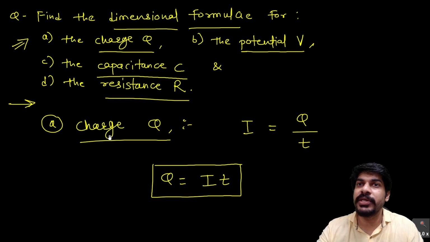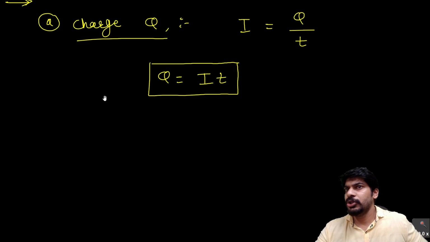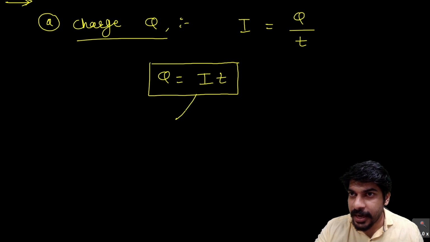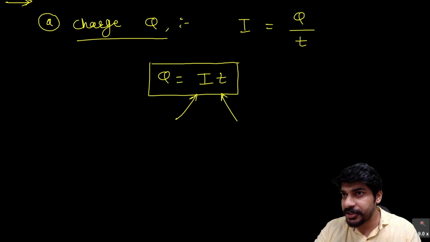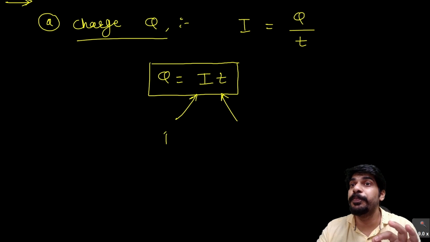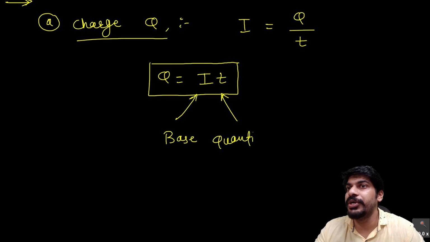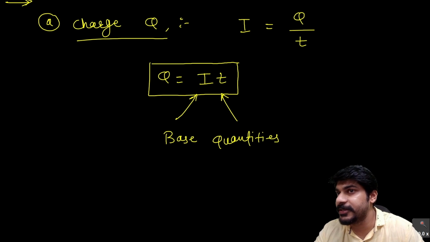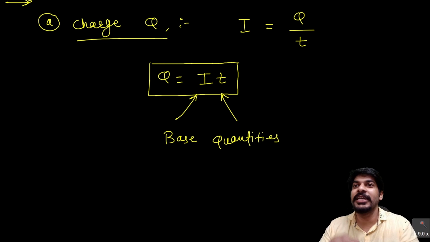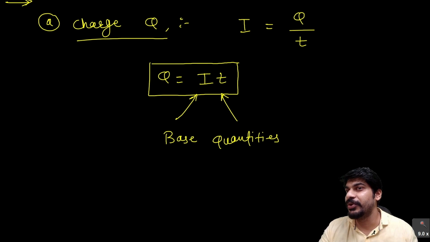Now if you know the SI quantities, you will find that I and T are both base quantities defined in the SI unit system. So our work has been simplified here. There are only two quantities and both of them are base quantities, so everything has been solved here.